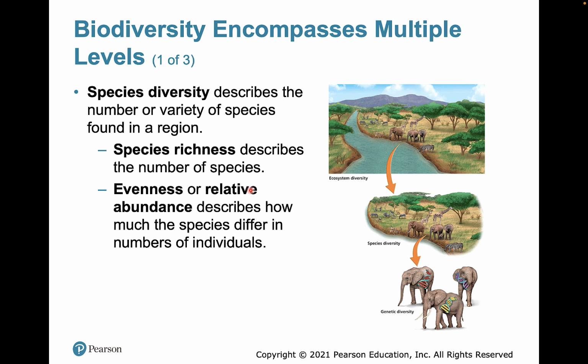Okay, evenness or relative abundance talks about how much the species differ in numbers of individuals. Is it mostly elephants? Or is it pretty evenly split between elephants and lions and zebras and that kind of thing? All right.